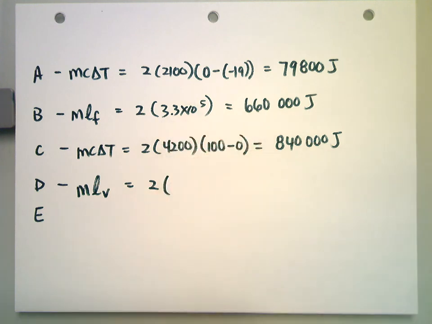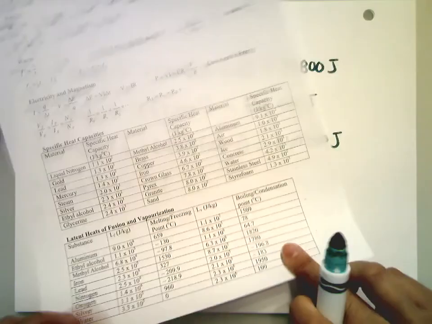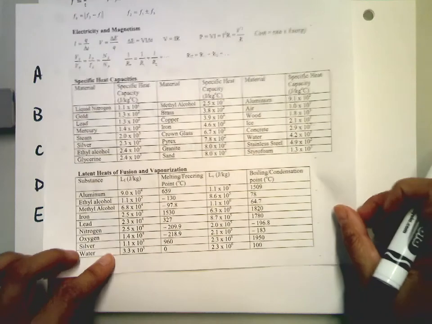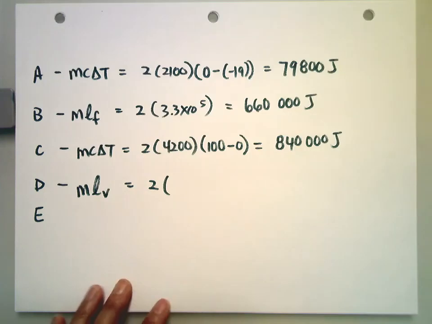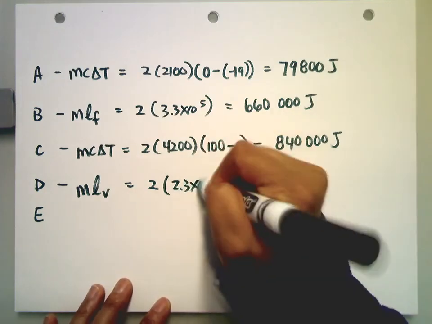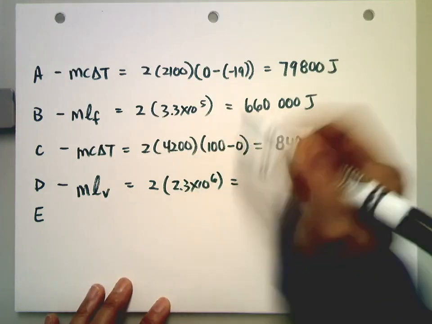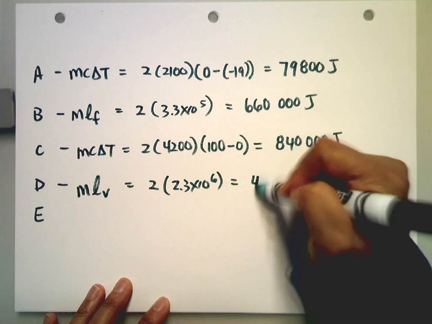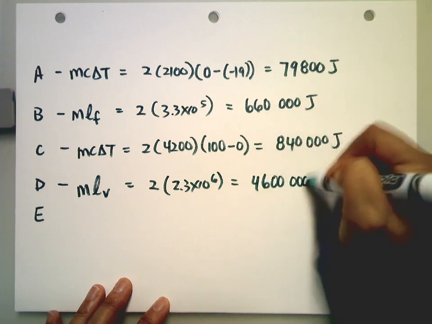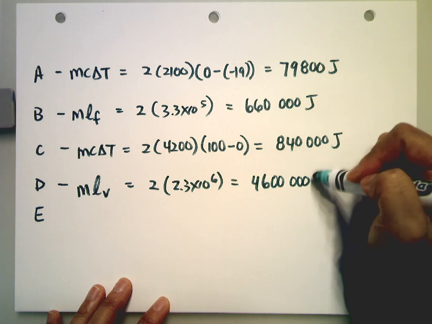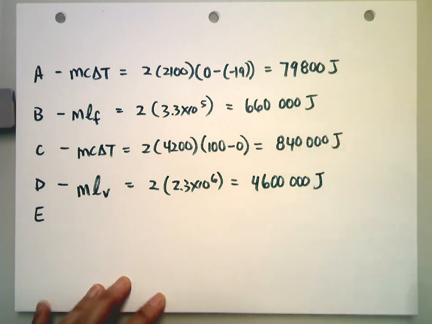So let's see, vaporization. Let's look that up. And we have, okay, there it is, 2.3 times 10 to the 6. And wow, that's a lot of joules. We're up to 4 million joules to vaporize some water.